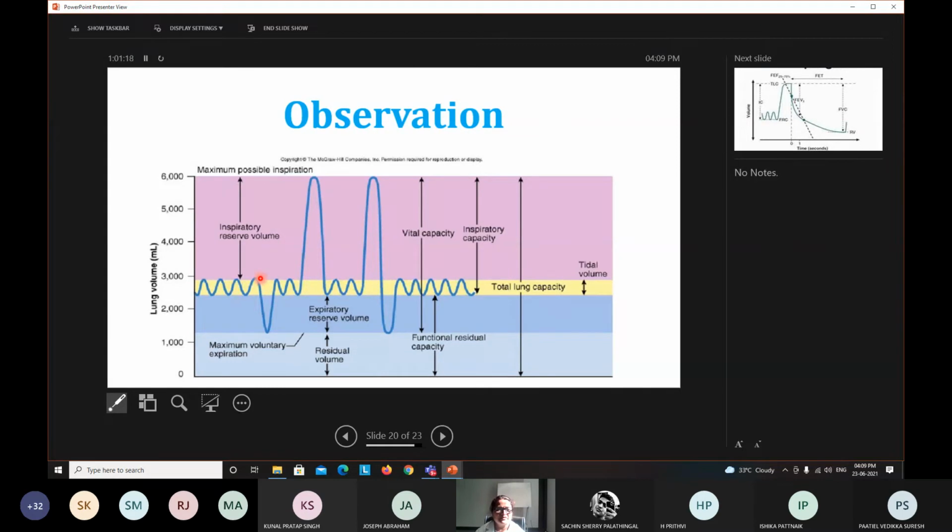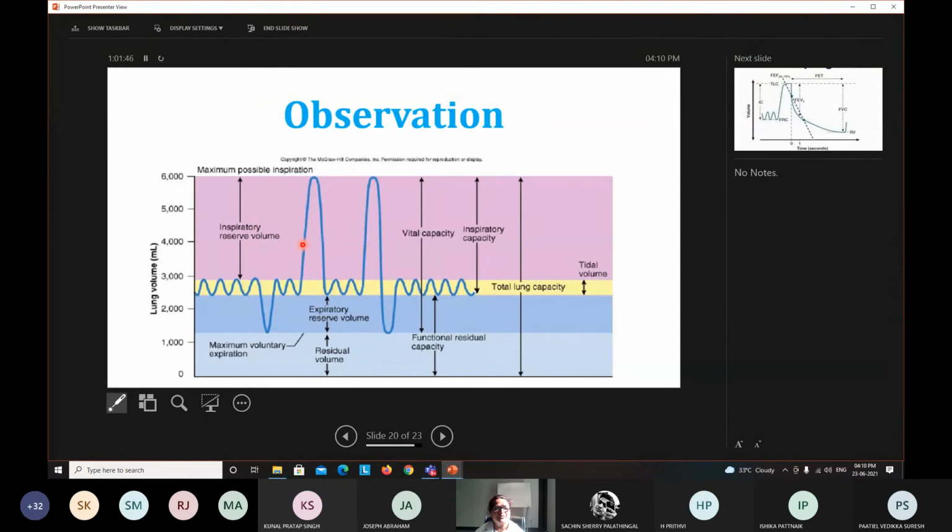After this, you ask the person, either you can record inhalation or exhalation. Exhale forcefully, come back again, breathe normally. This exhaling forcefully will give you expiratory reserve volume. Then ask him to take deep inspiration following the normal expiration, and exhale.